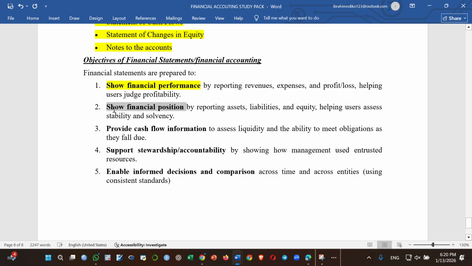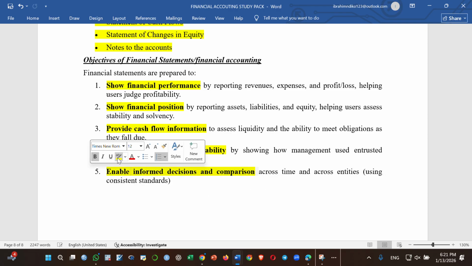Number 2, to show the financial position. Number 3, to show the information about the cash flow, that is money in, money out. And then stewardship, we had talked about it, to make sure that the management uses well the money entrusted to them by the owners. And then the last one here, to enable decision making and comparison.